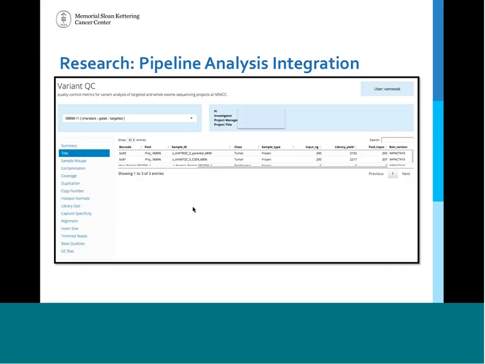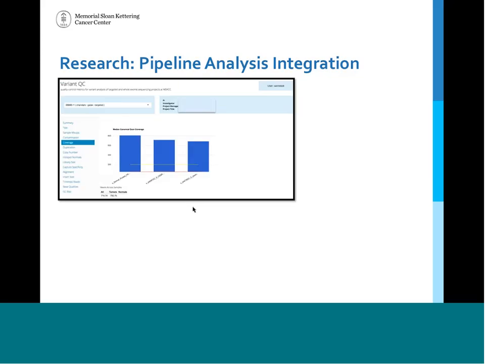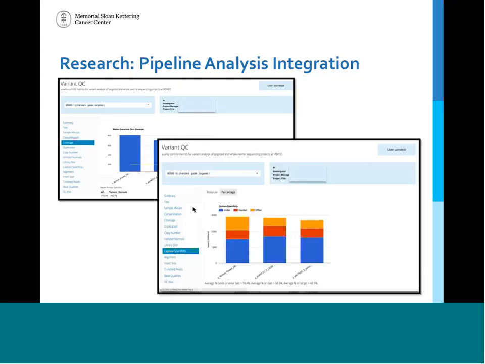Here you can see we have our information about the sample type, the class, whether it's tumor or normal, how much input was put into library prep, what the library yield was, and what type of capture we have done. And this is really important as someone is going through and checking the different variants and checking information about how well the sample has performed. Without the information from the LIMS, it's a much more manual process, and we've tried to make it as streamlined as possible.